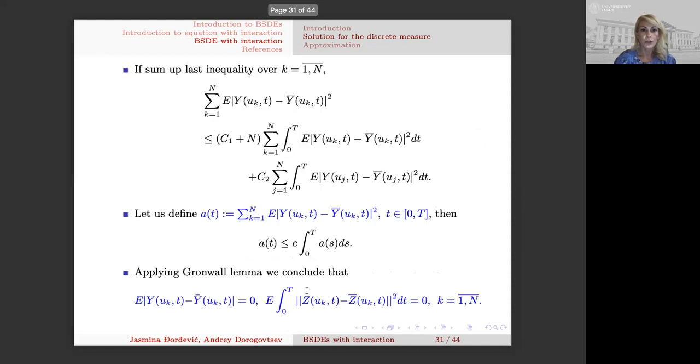Further on, we sum all those inequalities over k from 1 to n. To simplify this expression, we introduce the notation a(t) to be the sum of expectations of squared differences of processes u and u bar. And now directly from the Gronwall lemma, we have that uniqueness of the solution holds.